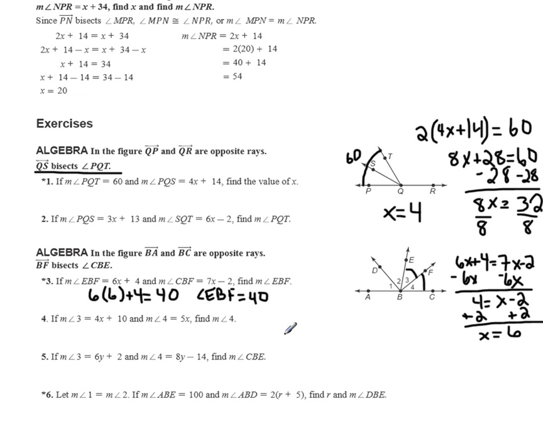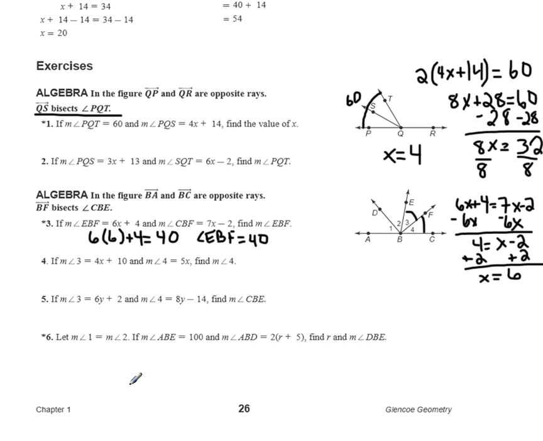Okay. Number 6. Let the measure of angle 1 equal the measure of angle 2. If ABE, the whole thing, equals 100, and ABD equals 2 times the quantity R plus 5, find R and DBE.